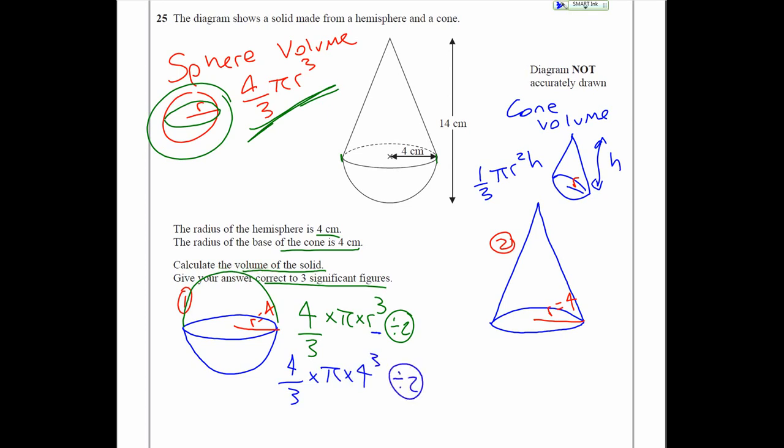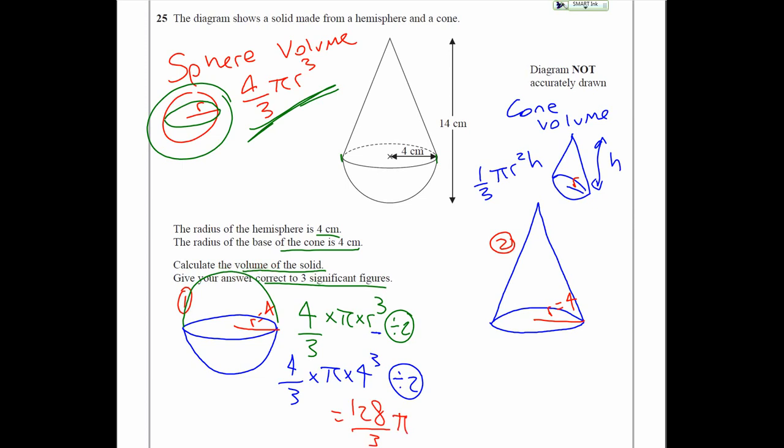So put that into your calculator. 4 over 3 times pi times 4 cubed divided by 2, and you get, if your calculator does the same as me, 128 over 3 pi. I'm not going to write the decimal out until the end, so I'm going to keep it like that for now.